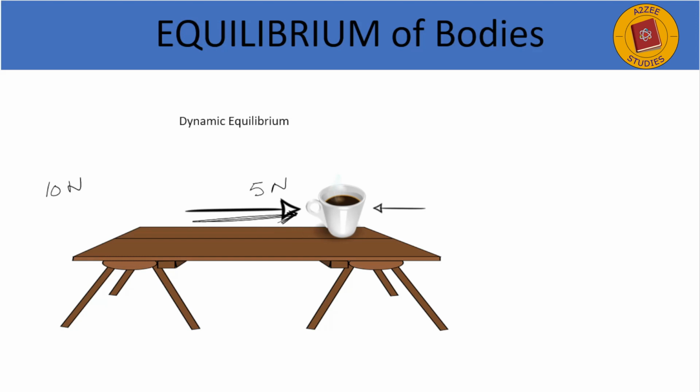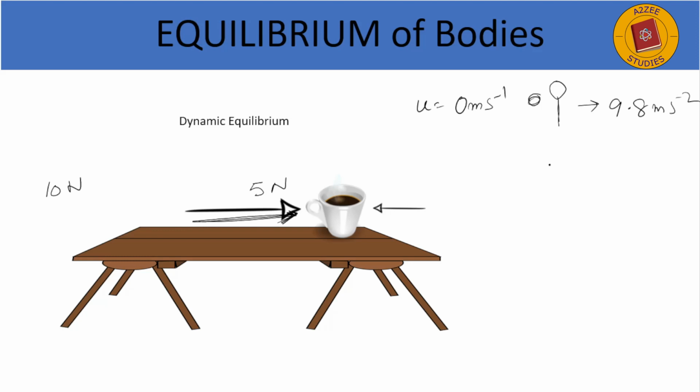The best example of dynamic equilibrium is if we drop a body from a very large height. For example, the body is coming down. First of all, there will be acceleration of the body. What is the rate of acceleration? It will be 9.8 meter per second square. Now, the body accelerates from zero. First of all, when we drop the body, the velocity of the body will be 0 meter per second.